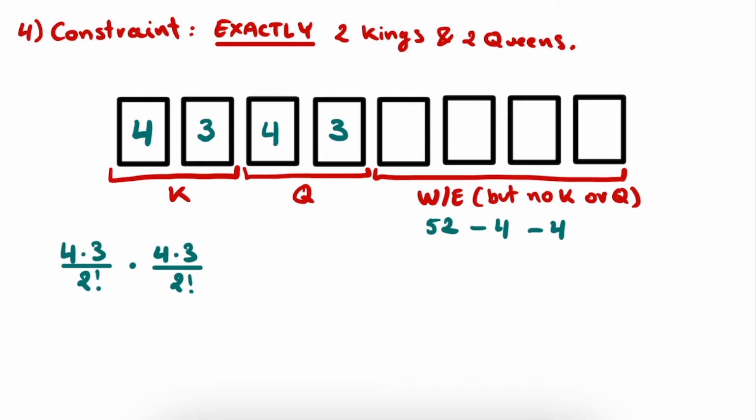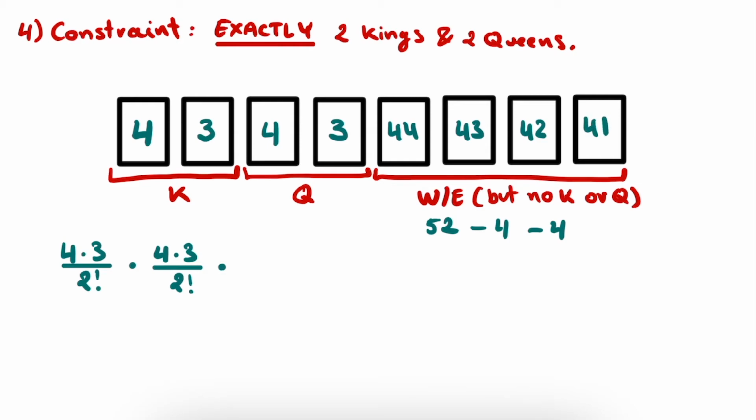And therefore the total number of cards that we can choose from is of course 44, namely all of the cards in a standard deck without the kings and without the queens. For the second card we then have 43 choices, for the third card 42, and for the last card 41 choices.